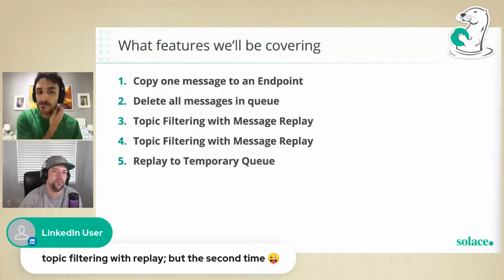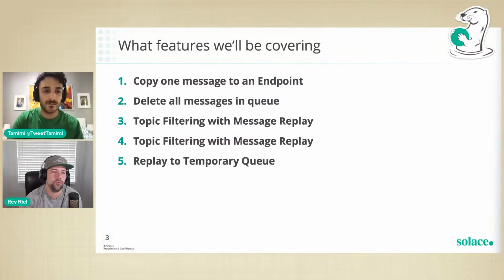Right. So the copy one message to an endpoint feature. Back before Solace 10.0, handling guaranteed messages that had surpassed their redelivery attempt count or whose time to live value had expired, there were a couple of options on how these were dealt with. The easiest, but by far the most destructive, was to simply let these messages be discarded.